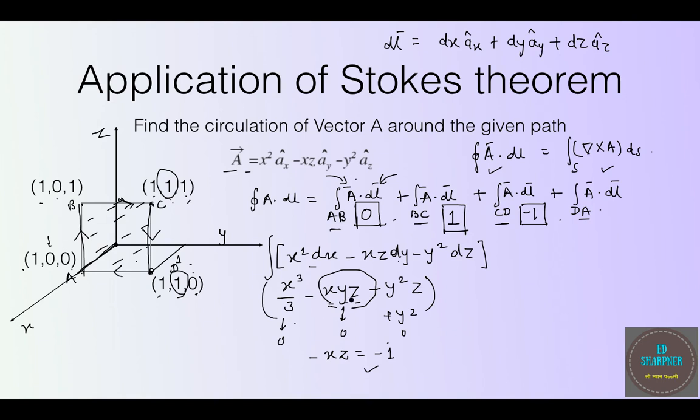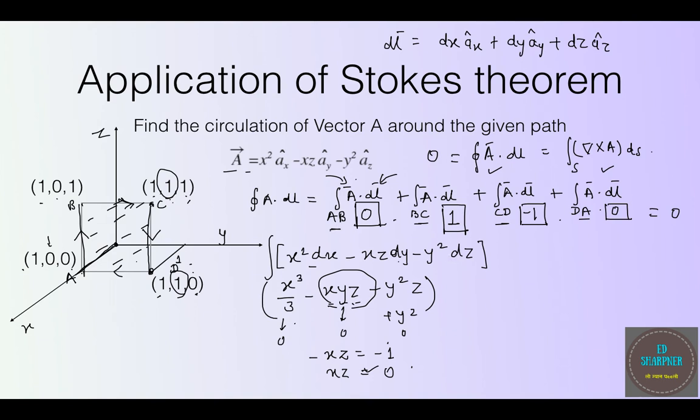Putting the limit for y here, and y is changing from 1 to 0, what we get is xz instead of minus xz. And what is the value of x and z here? X is 1 but z is 0, so this would be 0. So a dot dl around the path DA is 0. So the addition of all these is 0, and the total answer for the contour line integral is 0 as well.